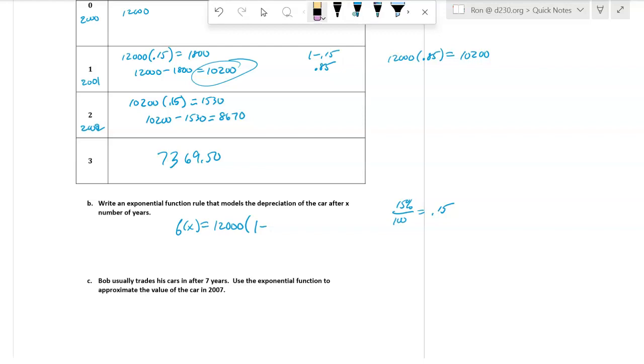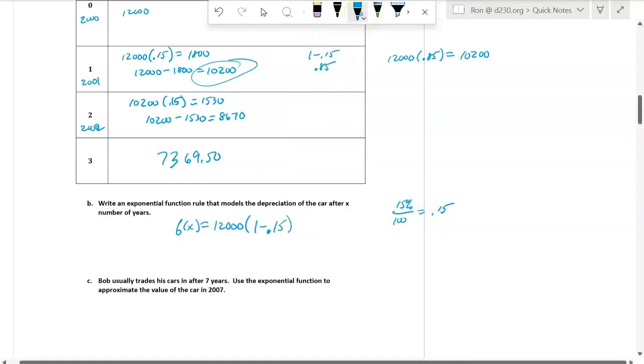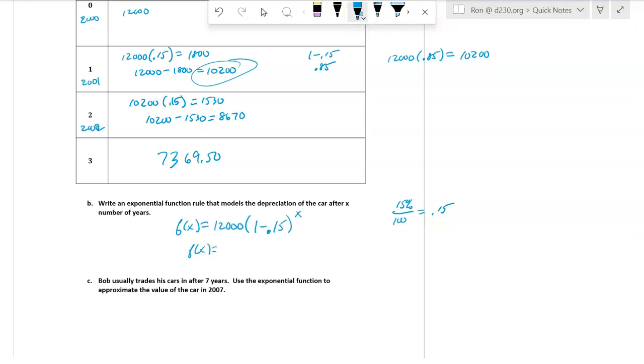So 1 minus 0.15 to the x power. And we would simplify it one more time, saying 12,000 times 0.85 to the x.